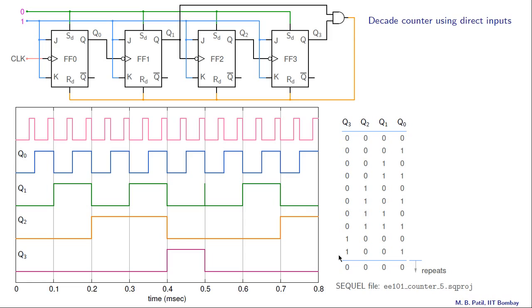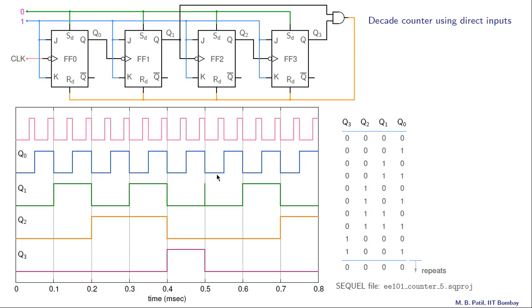After this, the counter would try to go to 1 0 1 0, but as soon as that happens, the output of this AND gate becomes 1 and all flip-flops are cleared. And if you notice, there is this short spike here in Q1, and that happens because Q1 is trying to go to 1, and as soon as that happens, all the flip-flops get reset to 0 and we are back to 0 0 0 0.